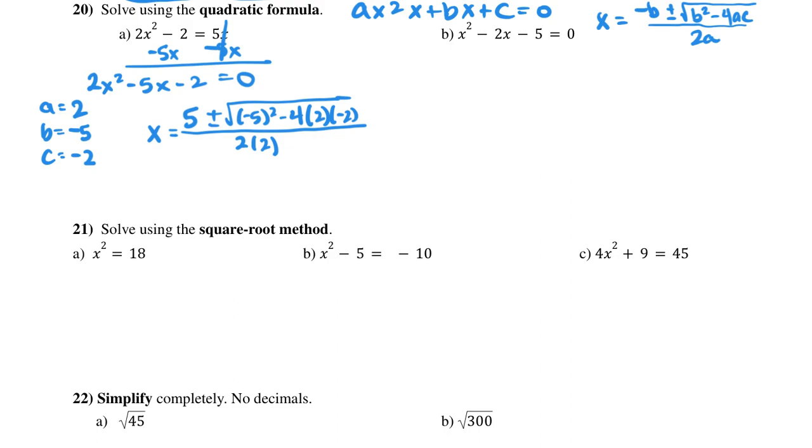So when I'm working on this, I simplify what's under the radical before I evaluate anything. And 2 times 2 is 4 on the bottom. So I'm going to have 5 plus or minus whatever this whole thing simplifies to, divided by 4. So you would put this whole thing in your calculator.